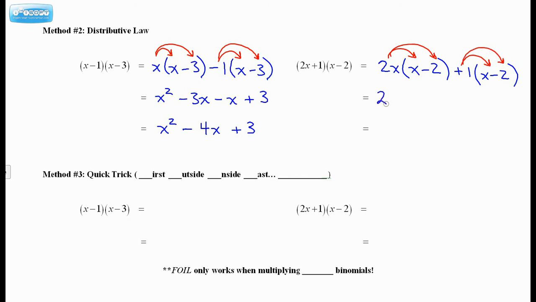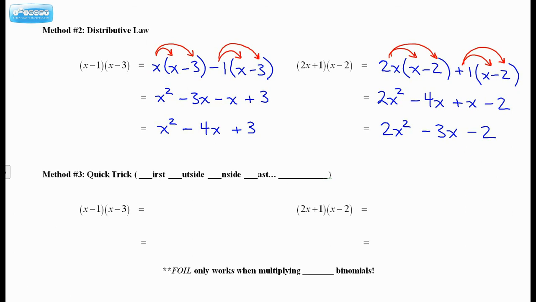So I get 2x squared minus 4x plus x minus 2. Combine any like terms. We have a couple. Negative 4x plus x, negative 3x, and minus 2. Okay. So that is method 2 using what I guess I'd call the expanded distributive law.